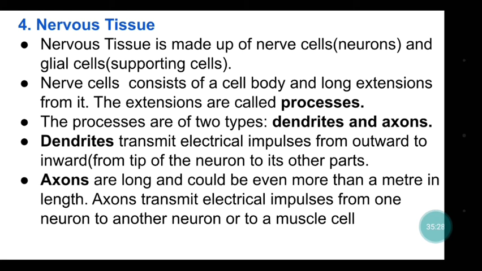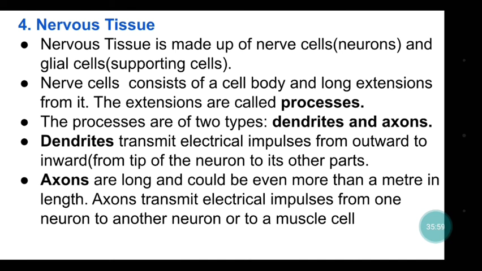Nervous tissue is made up of nerve cells and glial cells. Nerve cells are the neurons. Neurons carry impulses, electrical signals, from the body parts to the brain and from the brain to the body parts, and they tell us what to do and what not to do.